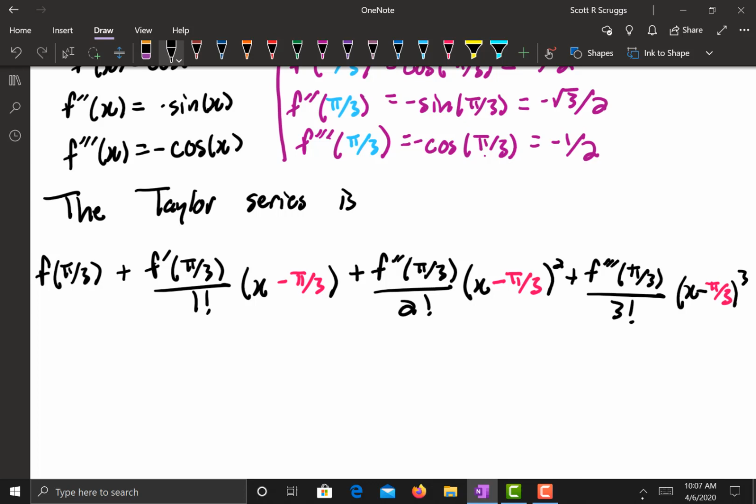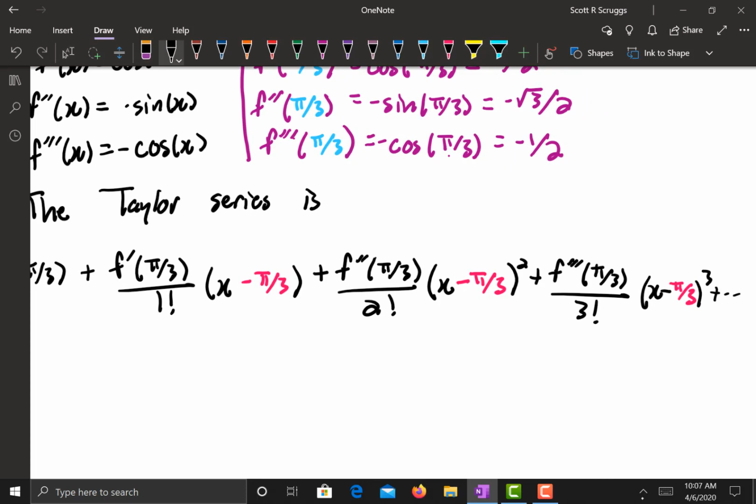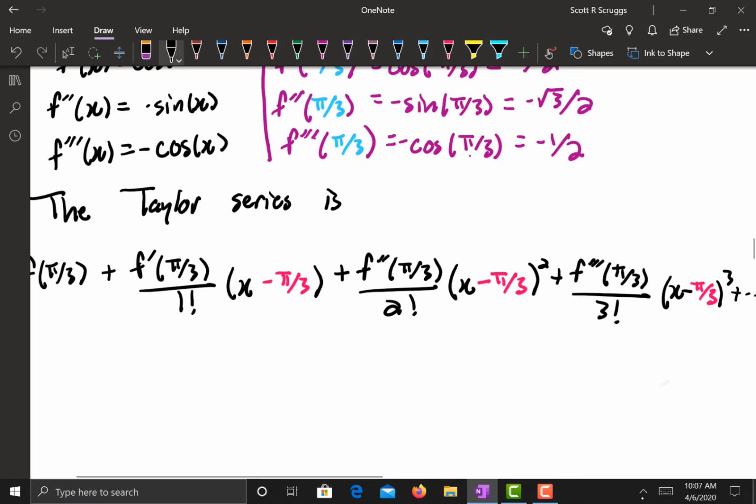And then I'm not going any further because the pattern just keeps going.